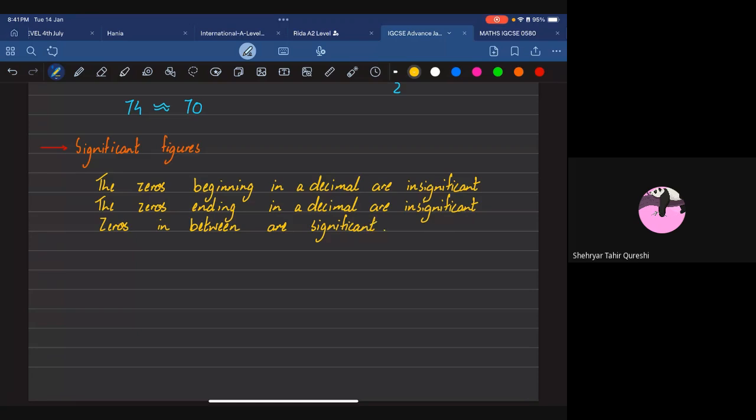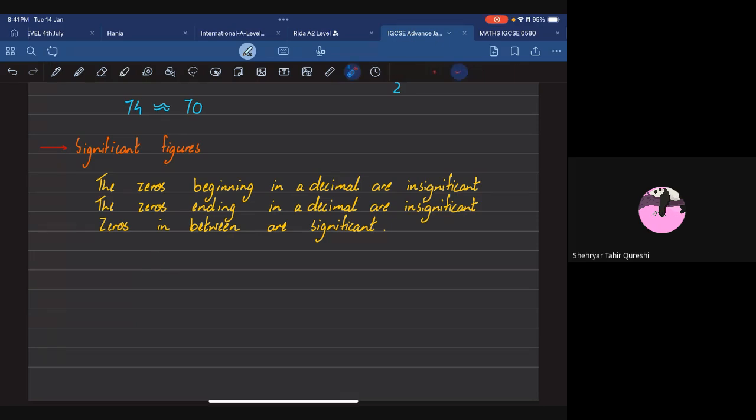For example, 2007 is going to have four significant figures, because those two zeros in the middle do hold value. And the zeros at the end of any random number may or may not be significant, depending on your use.